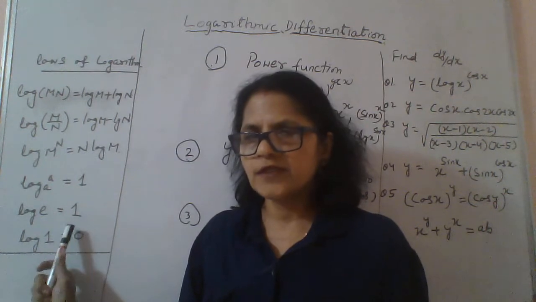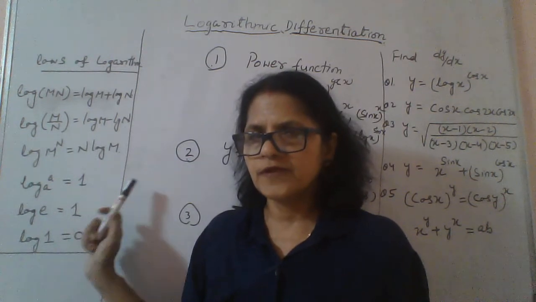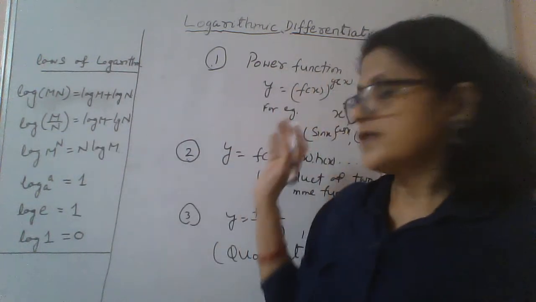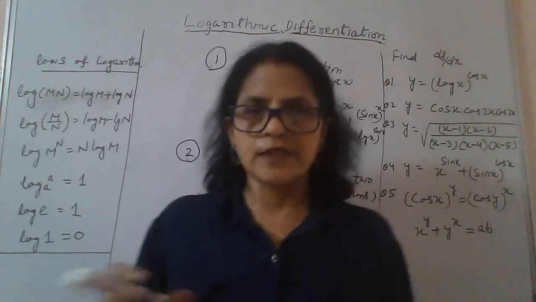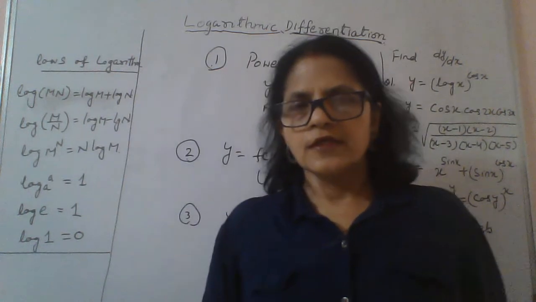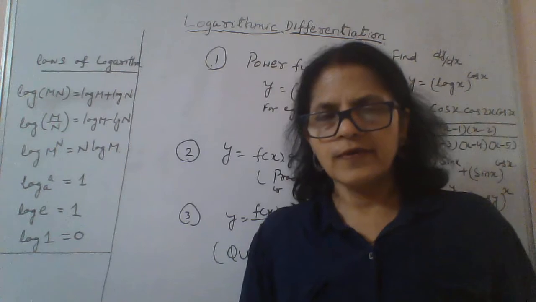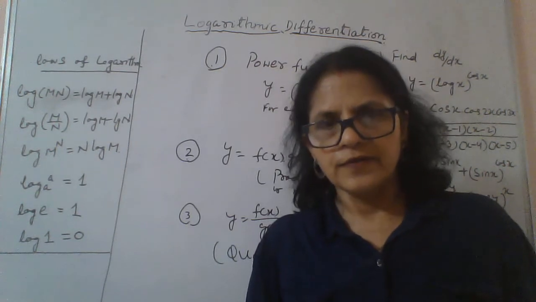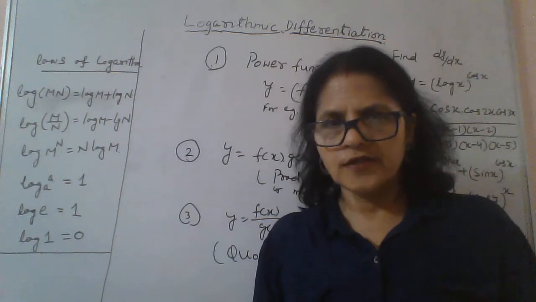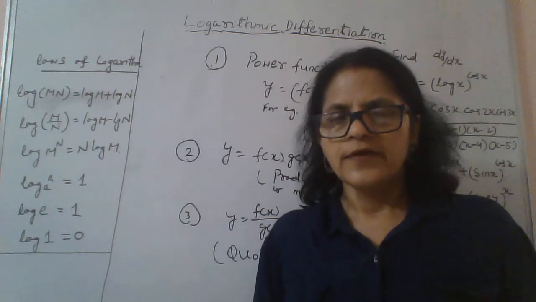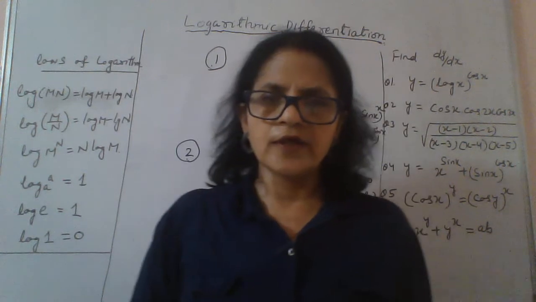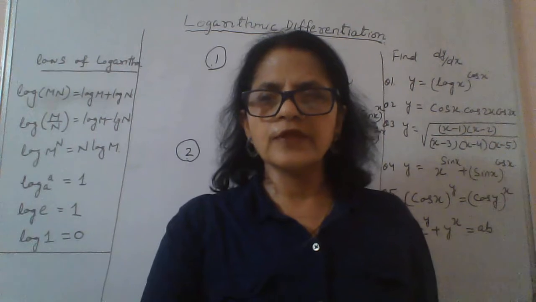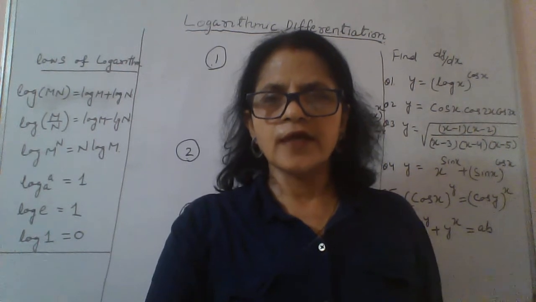These are the basics we need to know before we proceed further. Unless the base is specifically mentioned, throughout the exercise, in fact throughout the syllabus, we will consider the logarithm as logarithm with base e, meaning natural logarithm.